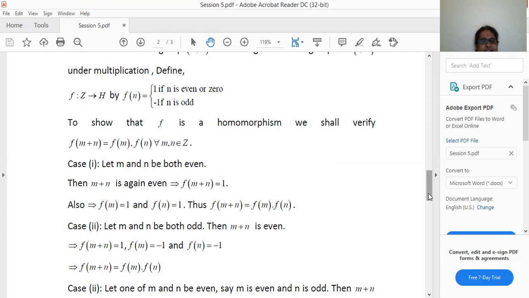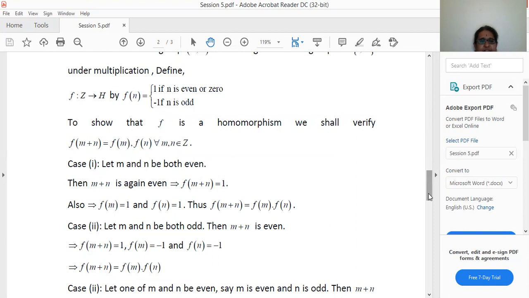Second case, when both m and n are odd, then m plus n is even. In this case, m is odd, so f of m is minus 1. n is odd, so f of n is minus 1. m plus n, that is sum of two odd, is even. So f of m plus n is plus 1.